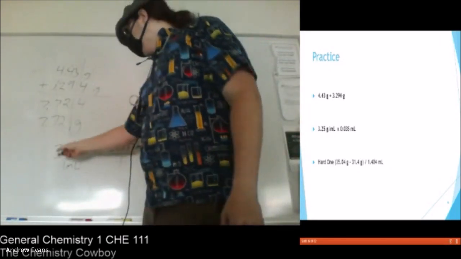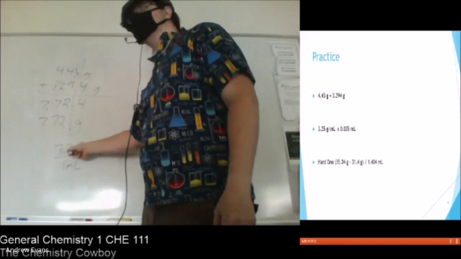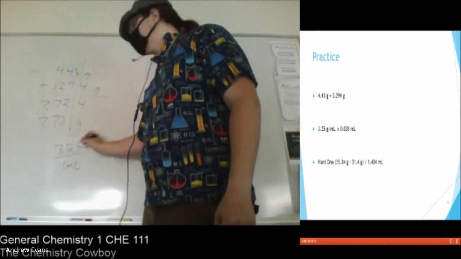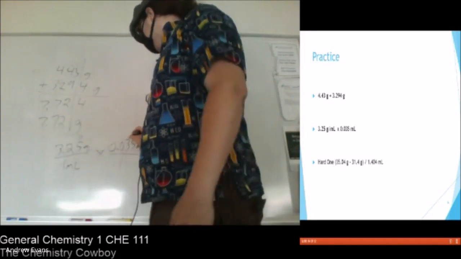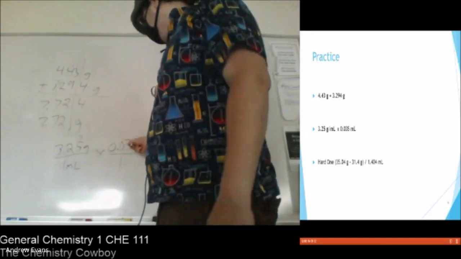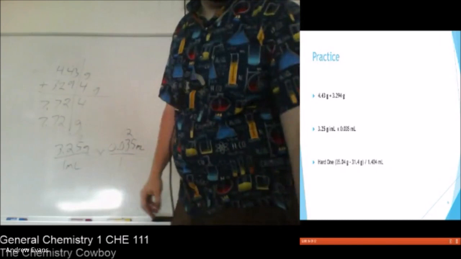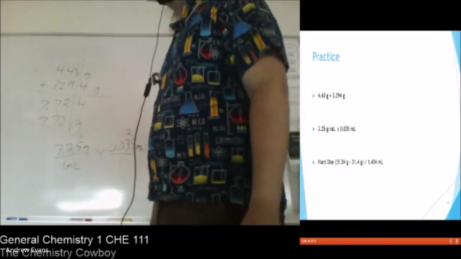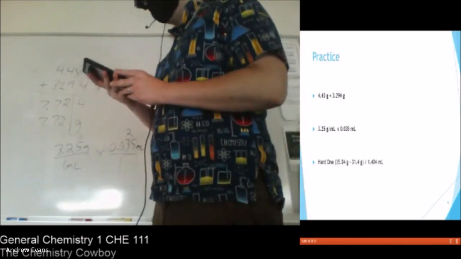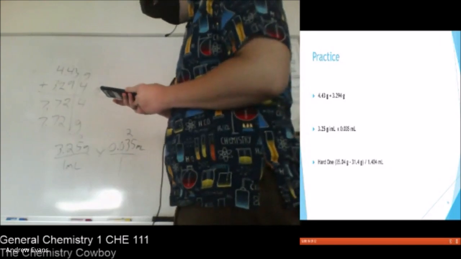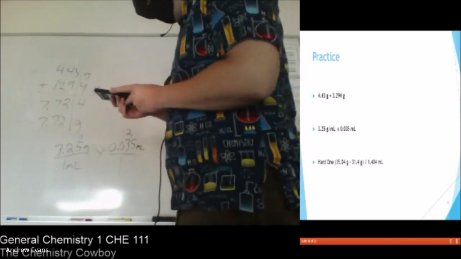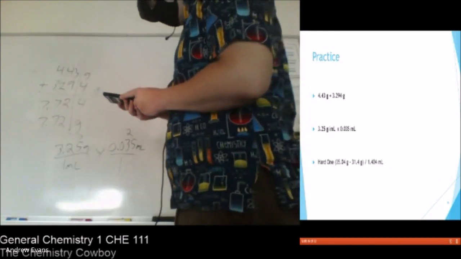So I look here, I say 1, 2, 3 sig figs. And here, 1, 2 sig figs. So regardless of what my answer gives me, I want to round to 2 sig figs. Now, I'm not going to try to do multiplication in my head just because it's going to waste time.